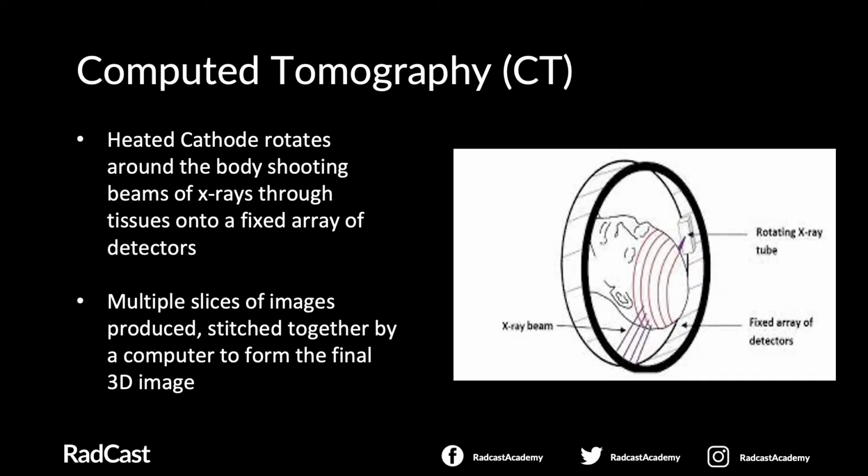This information can be used to reconstruct the image of the body by a computer to form a 3D volume, which can then be resliced digitally to obtain thinner slices, and you can reconstruct those in different planes, which we'll come on to shortly. So essentially, multiple slices of images are stitched together by a computer to form a 3D image.